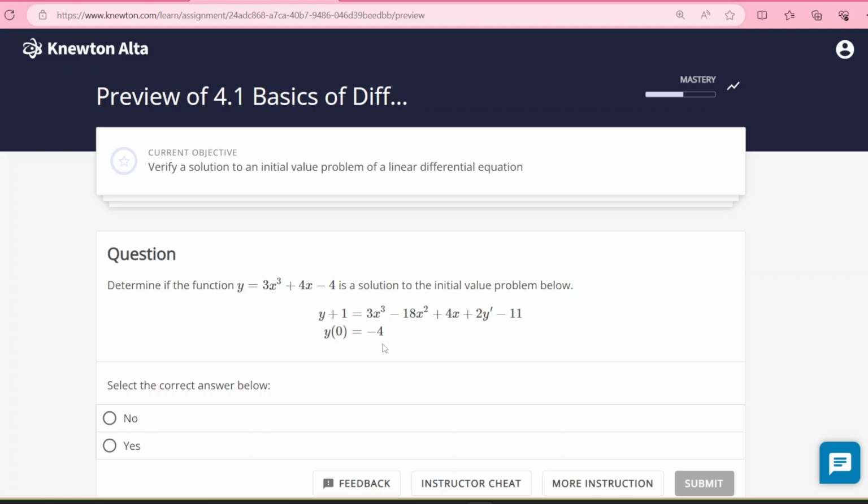So two things need to be satisfied: the equation and the condition. Now I'm going to check the condition first because I think those are the easiest to check. There's plugging in numbers, and then we'll check the equation. If the condition's not satisfied, then you don't need to check the equation. You don't have a solution to the initial value problem in that case.